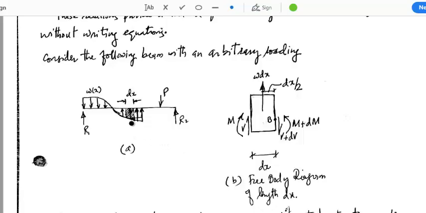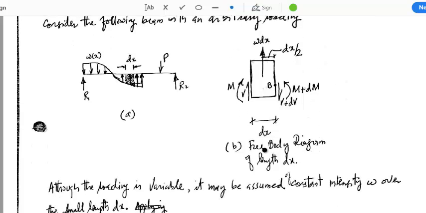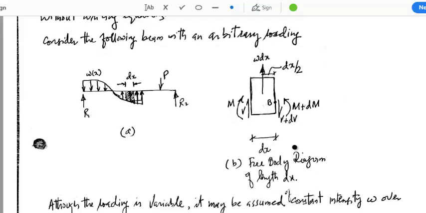Now, in order to develop the relationship between load, shear and moment, we will consider a very small segment of this beam, and its length is dx. This length dx is drawn here on a large scale in figure B. This is a free body diagram of the length dx. It's a differential length, extremely small, and we have marked the shear and bending moments at both faces of this extremely small length.